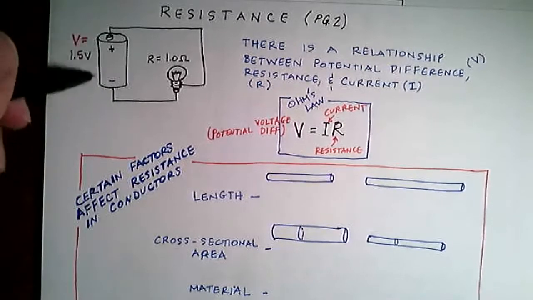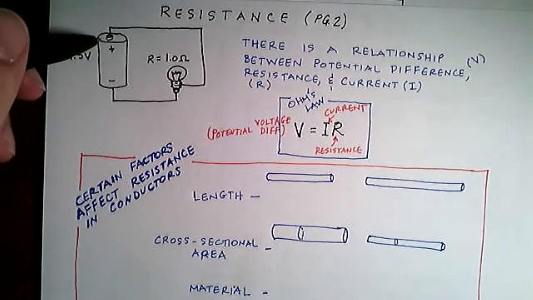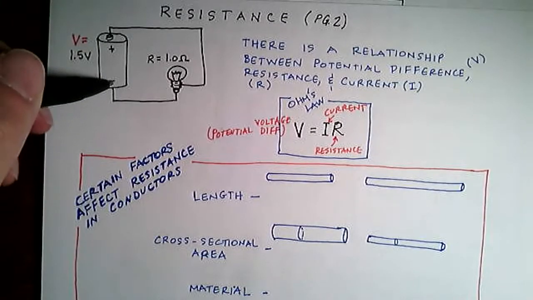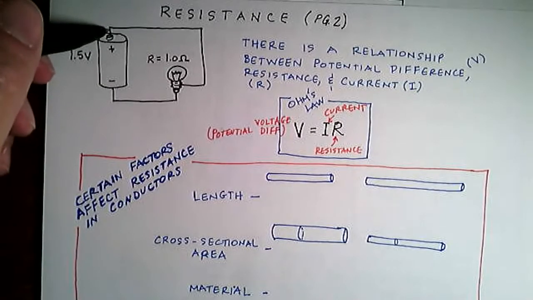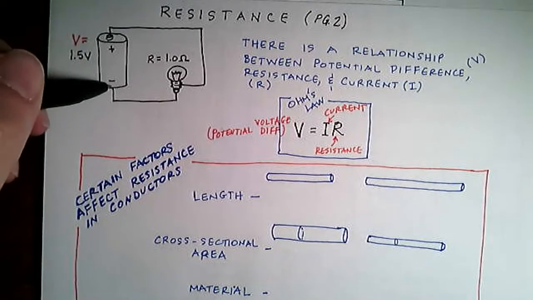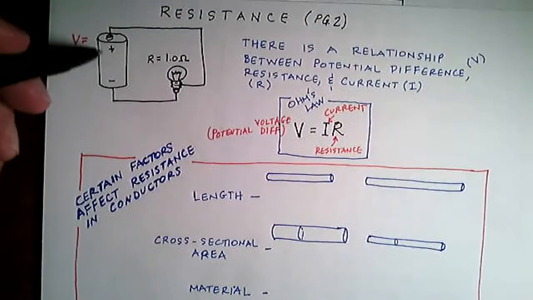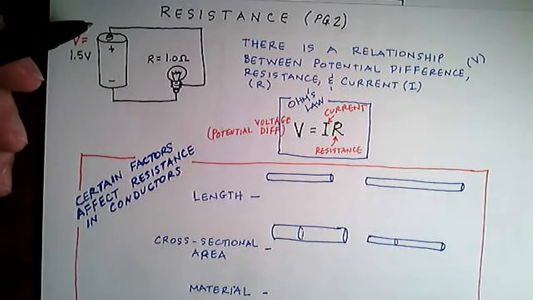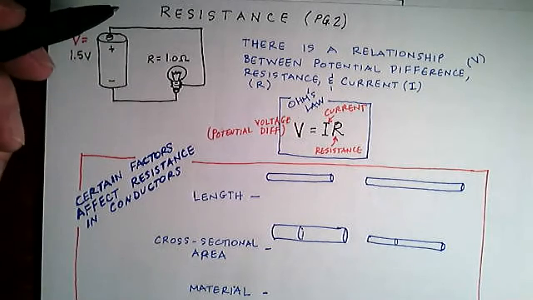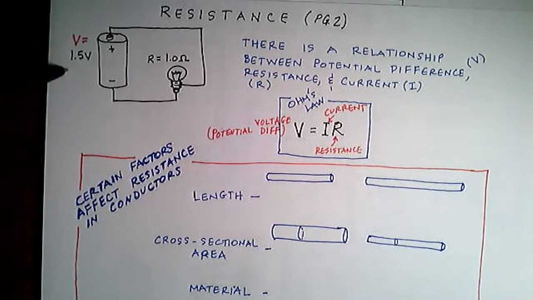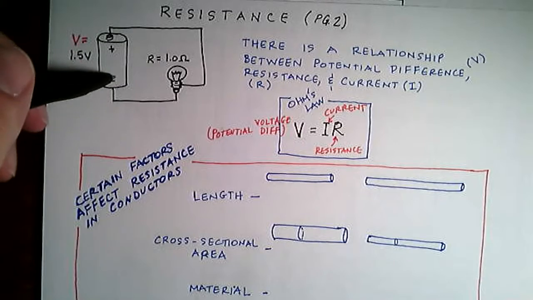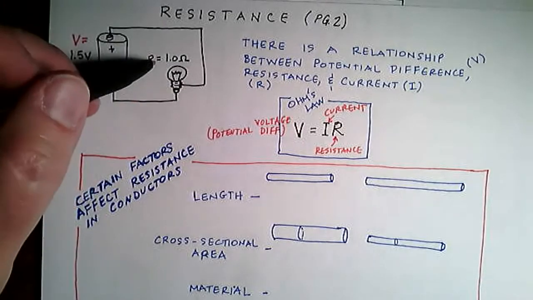This would be equivalent, if you talk about a stream, to taking a stream where the difference in height between here and here was maybe 2 feet, and then I have another stream that's exactly the same, but now the difference in height between here and here is 4 feet. I'm obviously going to get more flow if it's steeper. Well, this is kind of like steepness right here. If I have 3 volts instead of 1.5, I'm going to get more flow if I keep the resistance the same.